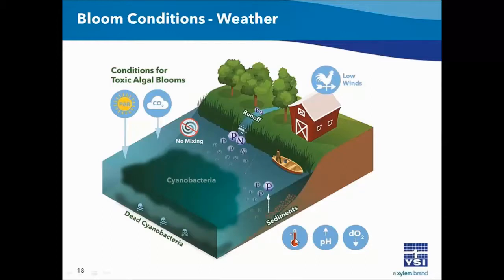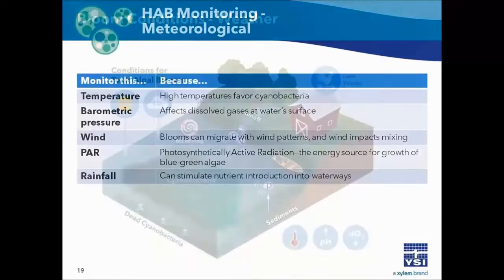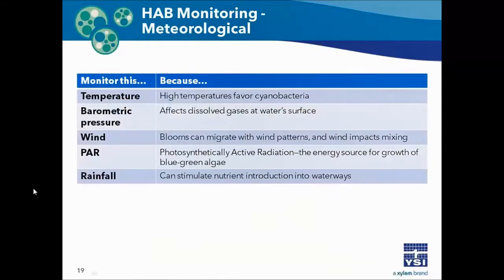Lastly, in terms of weather, we all know that when it's warm is when we're most likely to see these cyanobacterial blooms, especially in the temperate climates like we live in here in Ohio. So there are meteorological conditions that could give you a little bit of an advantage in understanding them.